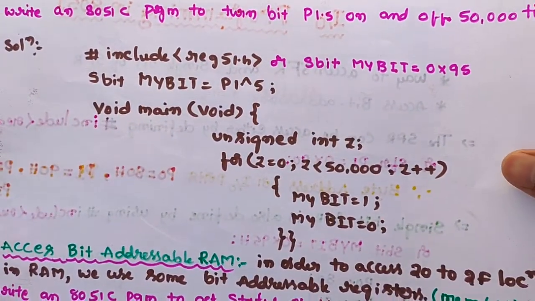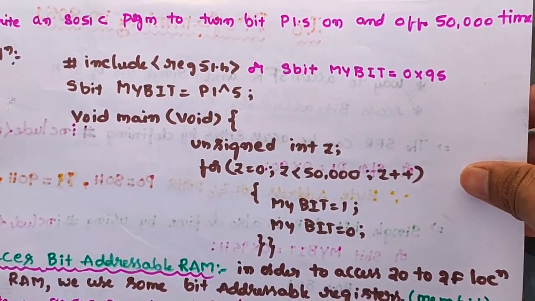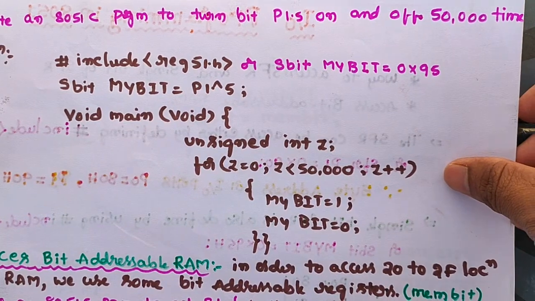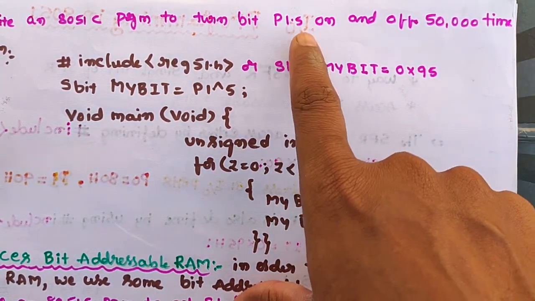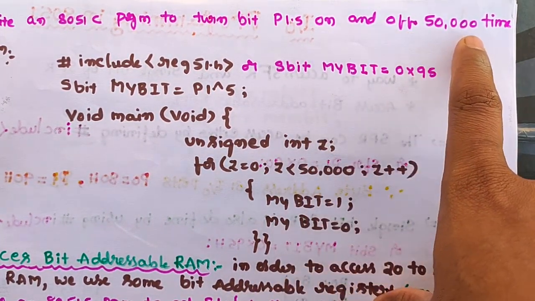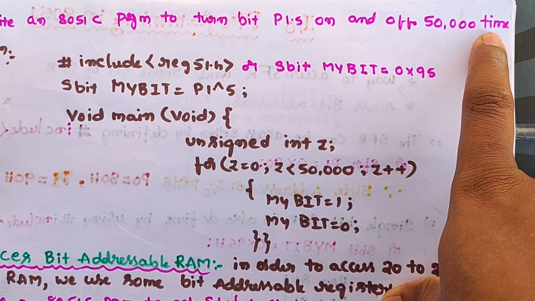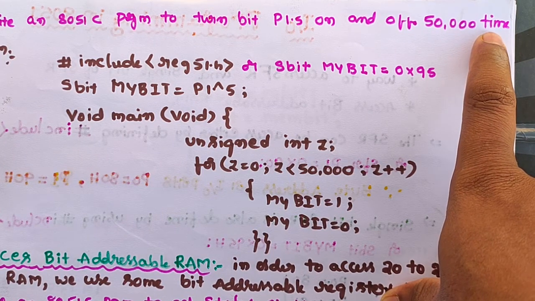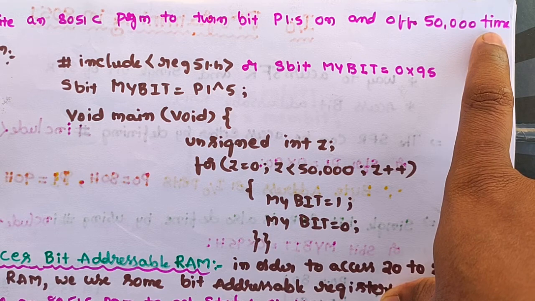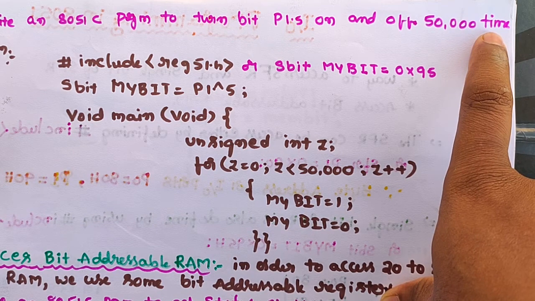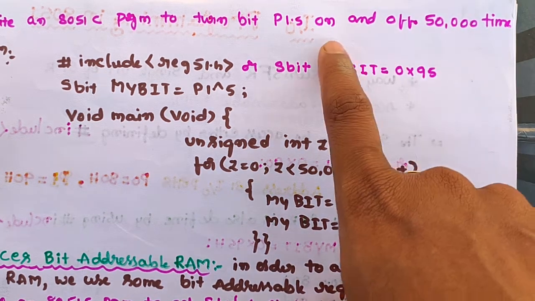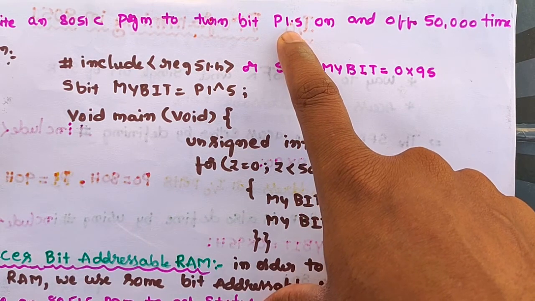Here is a simple 8051 C program to turn the bit P1.5 on and off 50,000 times. That means here I am going to access a particular bit of the special function register, that is P1.5.